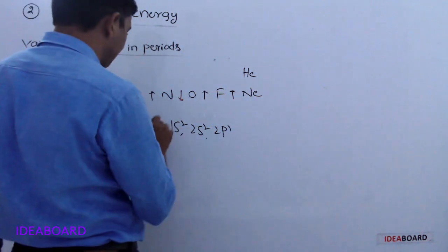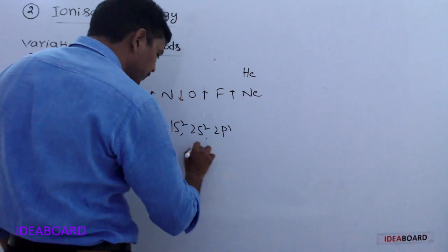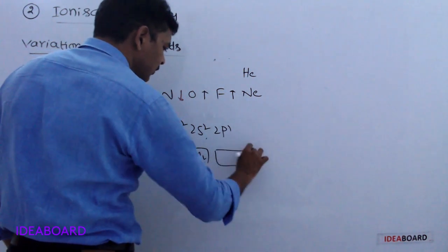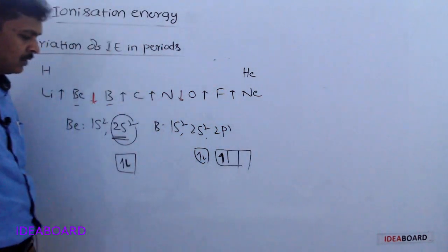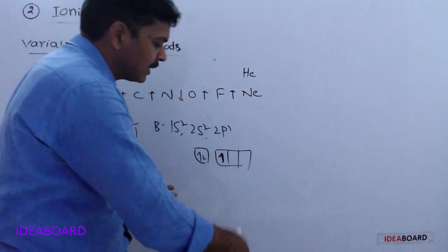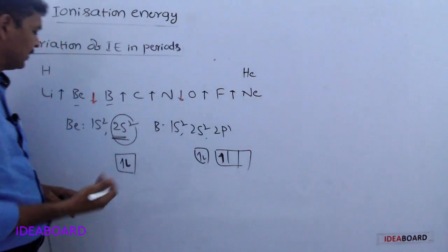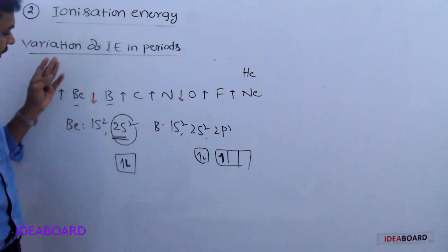But in the case of boron, 2s2 2p1, only one electron is present, a single electron. When compared, this electron can be removed easily because of the stable electronic configuration of beryllium. Beryllium has a higher IP value.